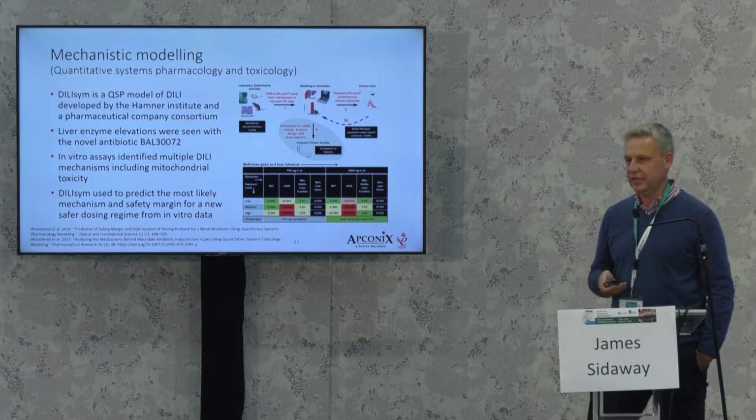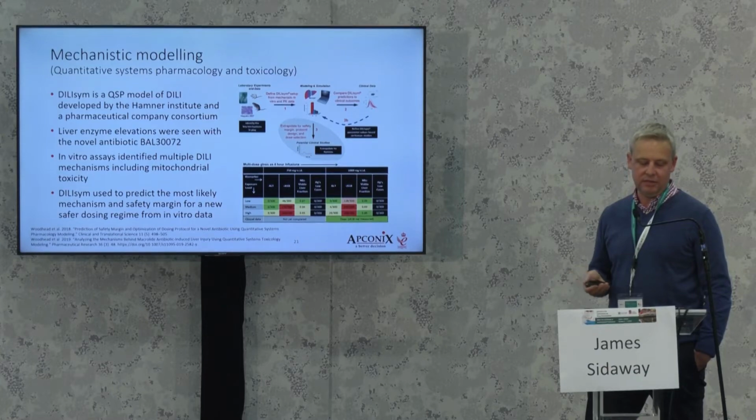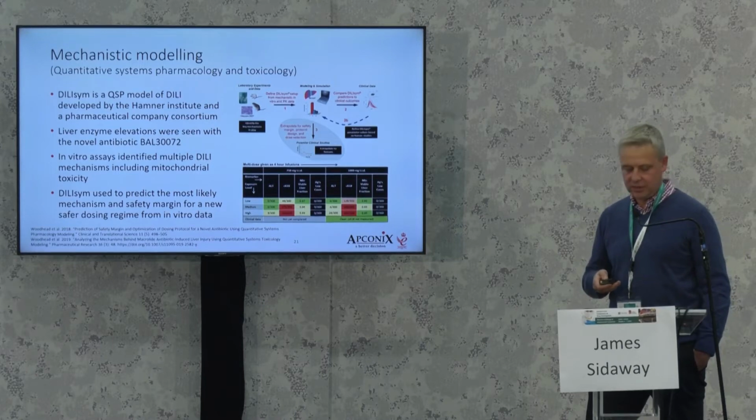So first of all, predicting what was the most likely mechanism, which turned out to be mitochondrial, and what would be an optimal safety dosing regime to maintain an adequate safety margin from the drug-induced liver injury. So as I say, this is a real growing area in how early data or data from more advanced in vitro models can be taken, modelled, and to do an improved risk assessment.